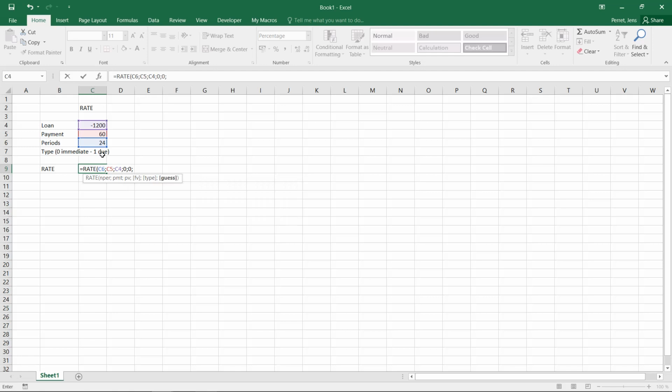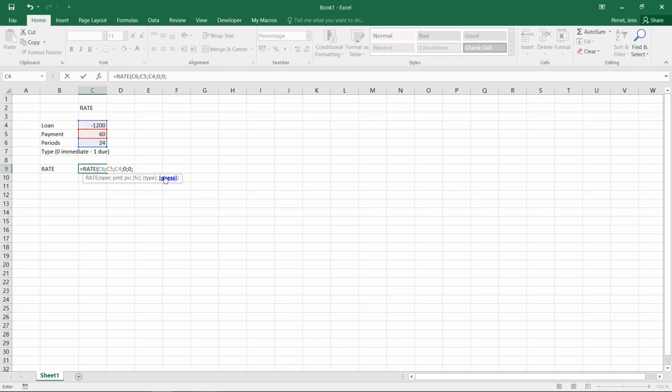Then we can also make a guess at the solution here. This makes sense because what the function does is find solutions to a polynomial, which can have more than one solution. Usually those solutions are way off and do not really qualify as the interest rate we're looking for, but it could be that we have different possible outcomes.